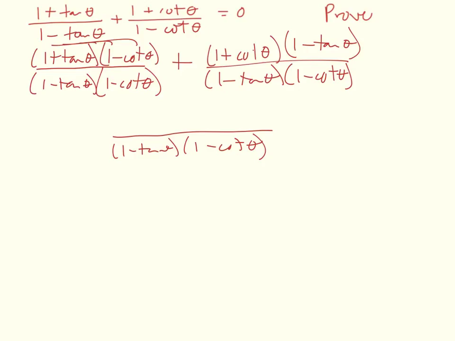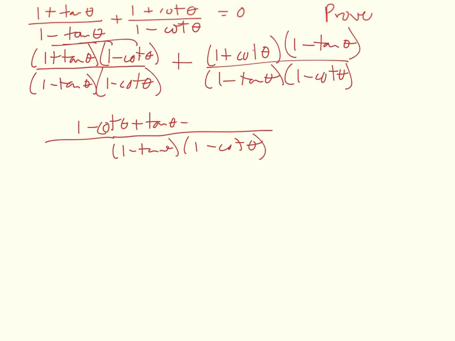So 1 times 1 is 1. 1 times negative cotan theta would be a negative cot theta. And then plus tan theta. And then tan theta times cotan theta will be a negative tan cotan.